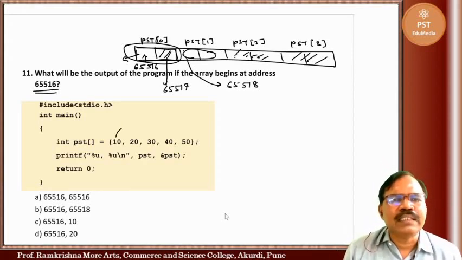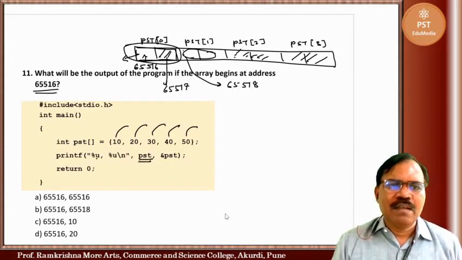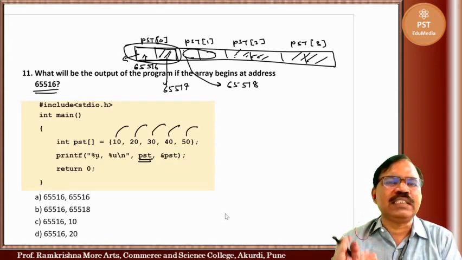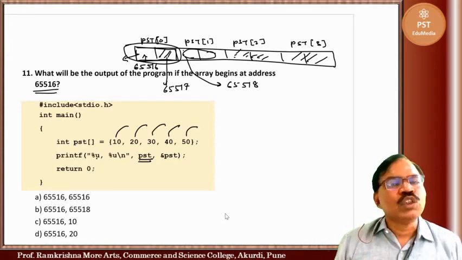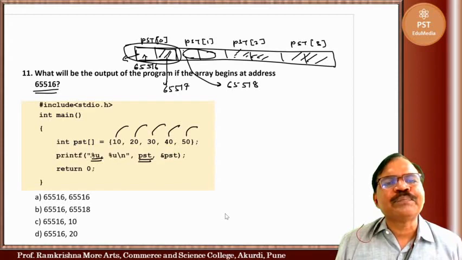PST[0], PST[1], PST[2], PST[3], PST[4], and printf %u. If you write only PST, you are not giving an element, like PST[0], PST[1], PST[2], and so on. So what happens if you write only PST? %u means it is an unsigned integer. Then it will print the address.